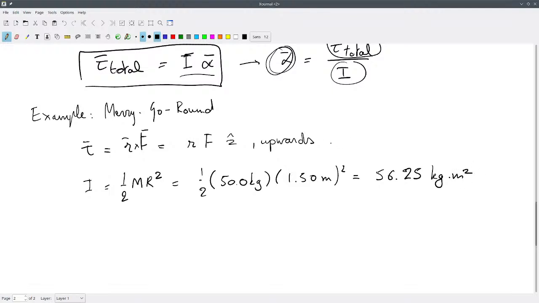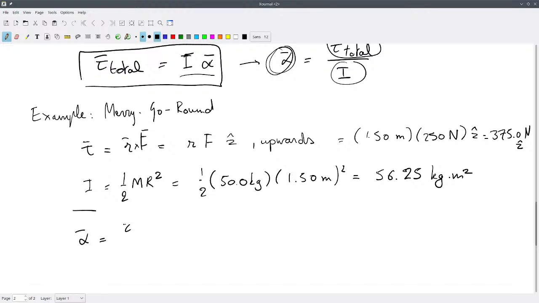For our torque, incidentally, we would find 1.50 meters times the force of 250 newtons in the z direction, or 375 newton meters in the z direction. And so now, of course, we can calculate our alpha, the angular acceleration of the merry-go-round.